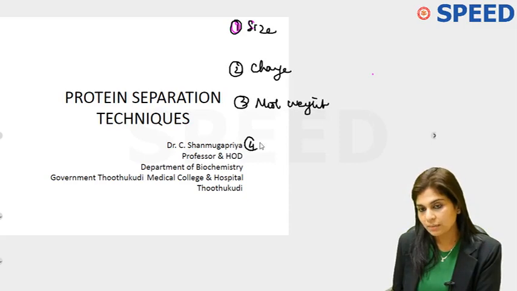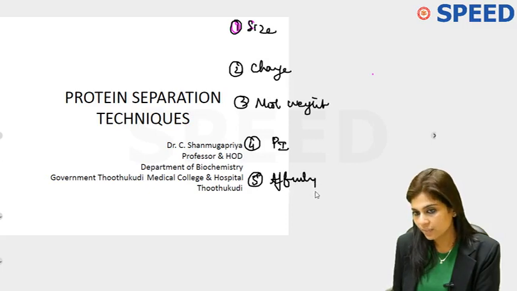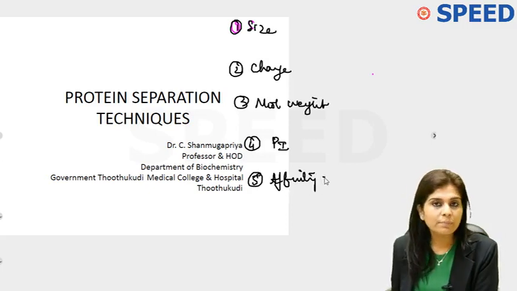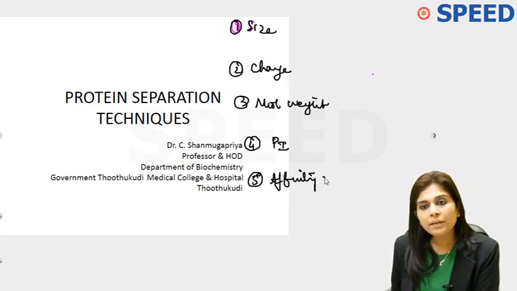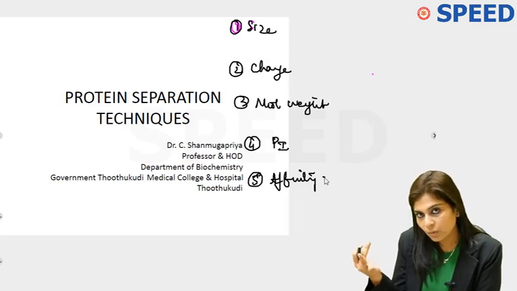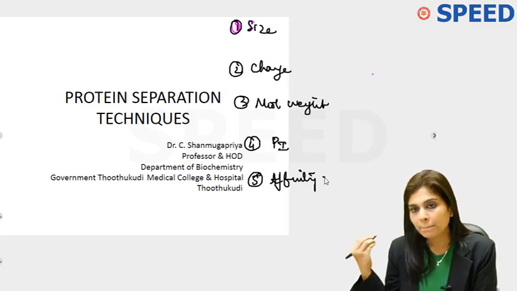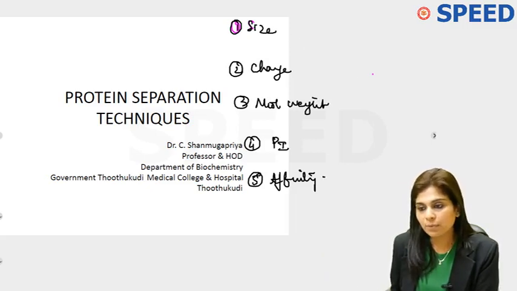We have techniques which separate proteins based on isoelectric pH, and finally based on affinity. So if you are trying to separate proteins, these are the properties which you can exploit: size, charge, molecular weight, isoelectric pH, and finally affinity.